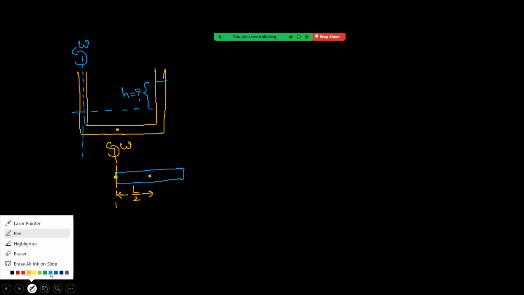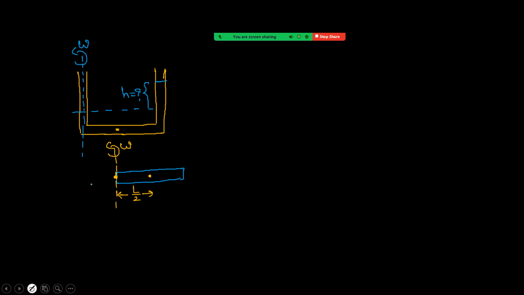Just focus on a free body diagram for that. This is now the center of the circle. By this part of the liquid, the force acting on this part will be like this. Okay. Suppose this total height is h2 and this height is h1.